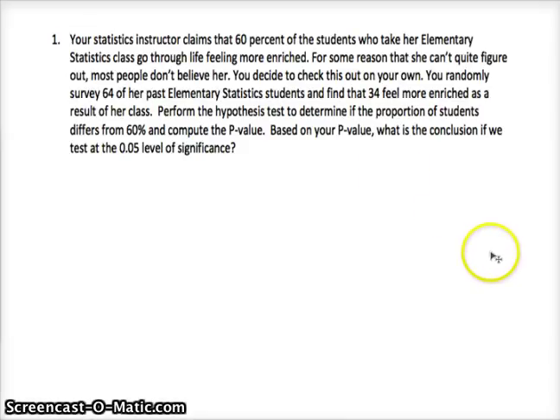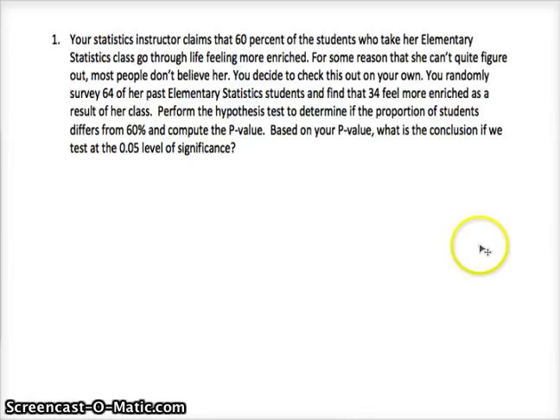All right, a real problem. Let's get serious here. Your statistics instructor claims that 60% of the students who take her elementary statistics class go through life feeling more enriched. For some reason she can't quite figure out, most people don't believe her. You decide to check this out on your own.